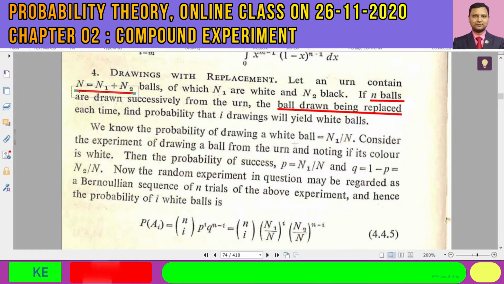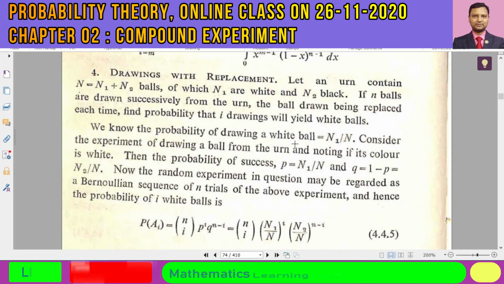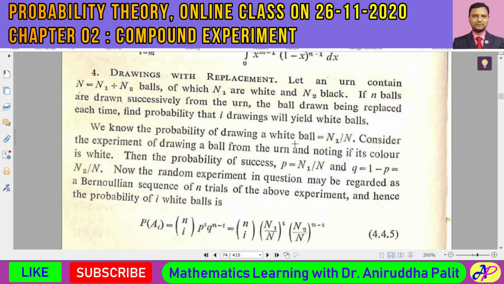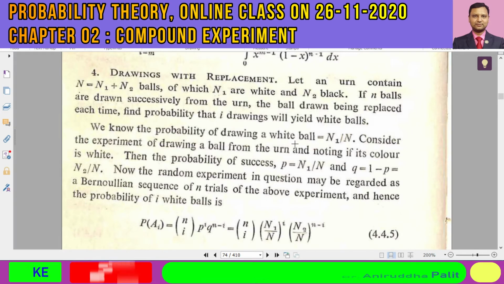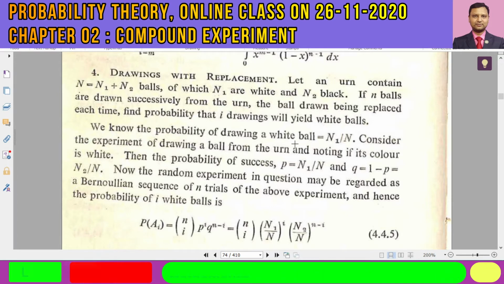Now it comes about the fact that we have only two different kinds of possible outcomes, and these outcomes or events are white balls and black balls. Apart from that, we have one more observation, that the number of white balls and the number of black balls in each and every trial does not change.